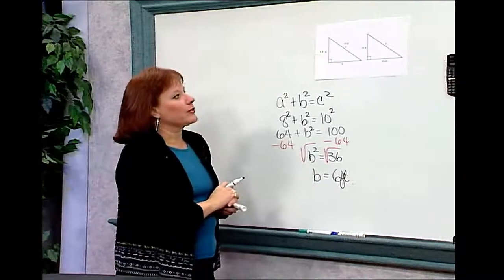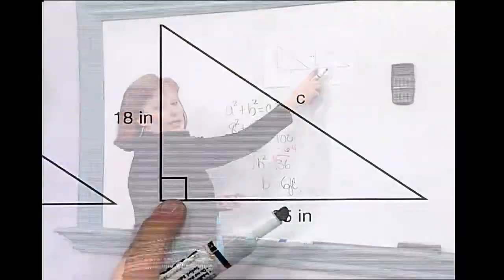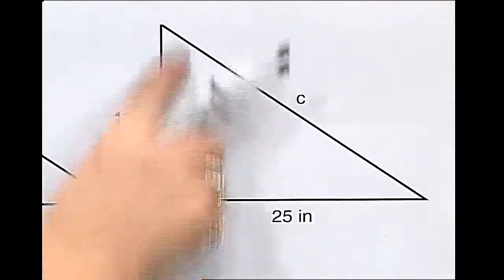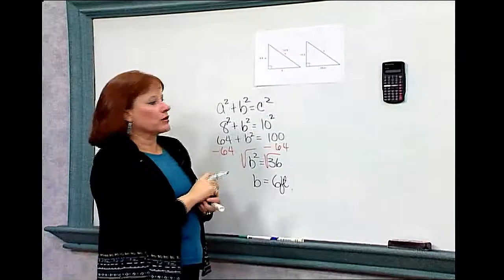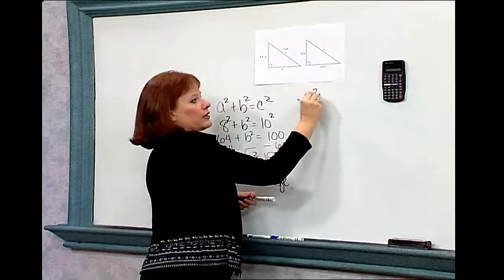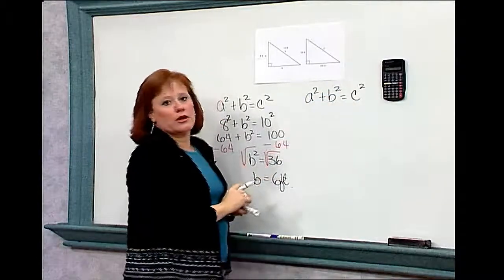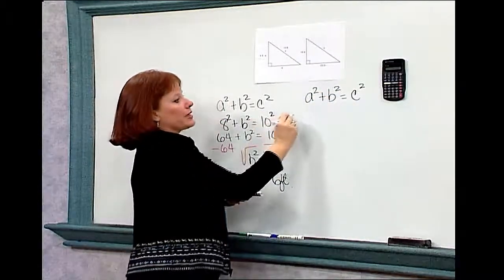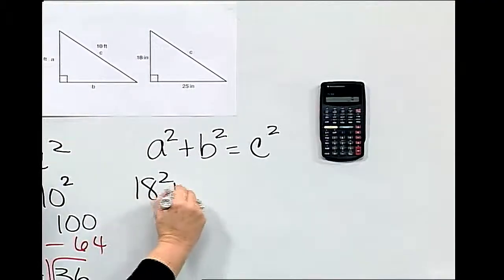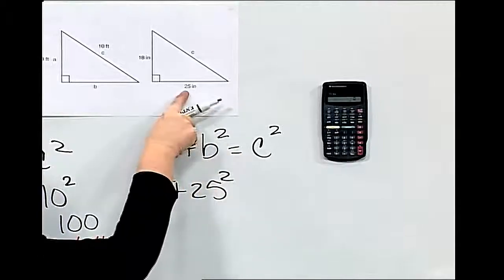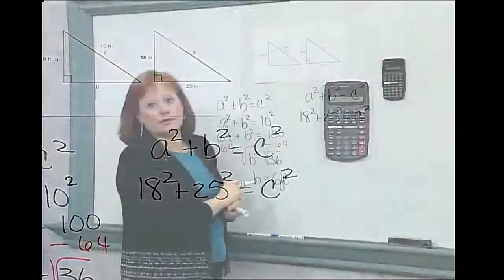In our fourth example, we have got to establish first that it's a right triangle. We see there's a right angle marked. And we know the two sides that connect the angle, so we know that those are the legs of the triangle. The Pythagorean theorem states that a squared plus b squared is equal to c squared. When I substitute in my numbers, I will have 18 squared, that's one of the legs, plus 25 squared, that's a second leg, is equal to the hypotenuse squared, or c squared.